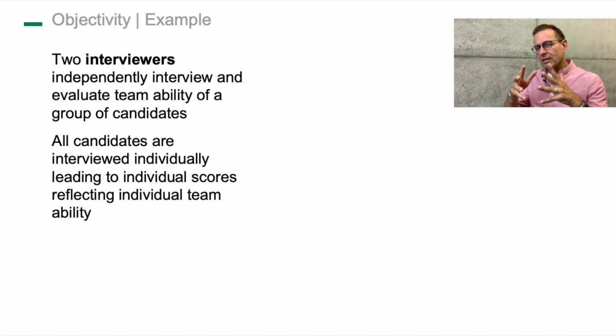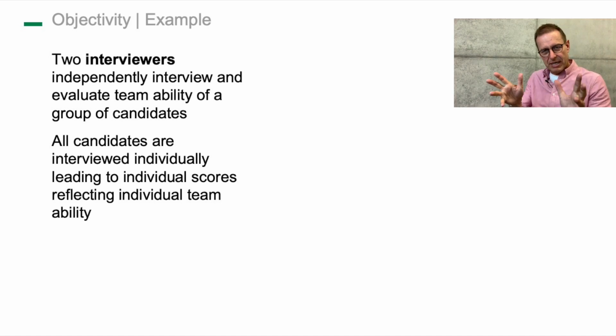And let's assume they do it in a very systematic way. They ask very specific questions, and then they listen and they interpret what they hear, and then they come to the conclusion, say, okay, team ability of this candidate on a scale from 0 to 10 is maybe 7. 8, 5, whatever.